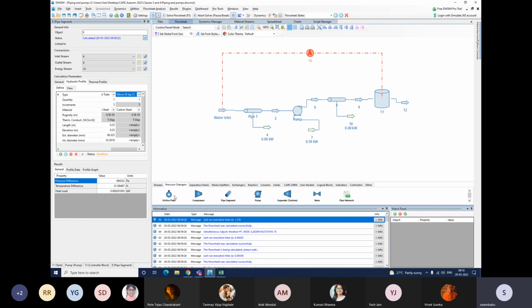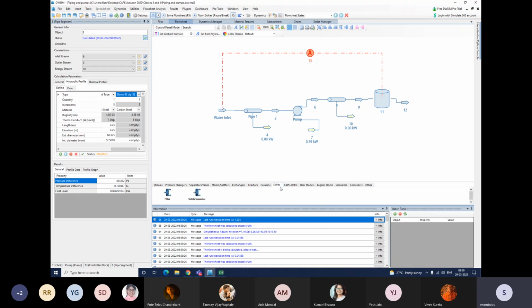If you get any doubt, I'm happy to answer. So we covered pressure changes, then the separation tanks, then the mixer streams, then the exchangers, then the reactors, then the columns, right?